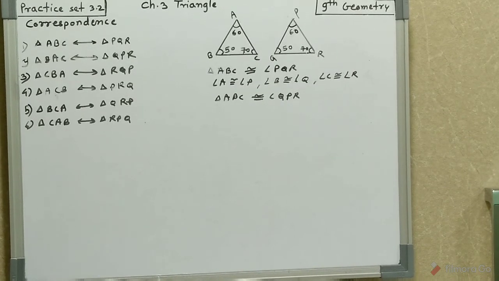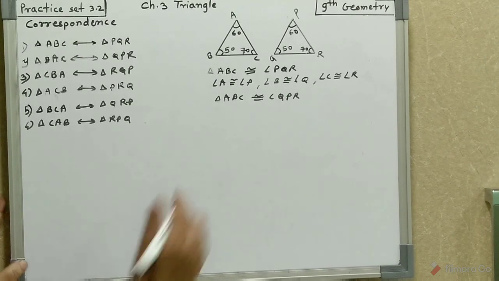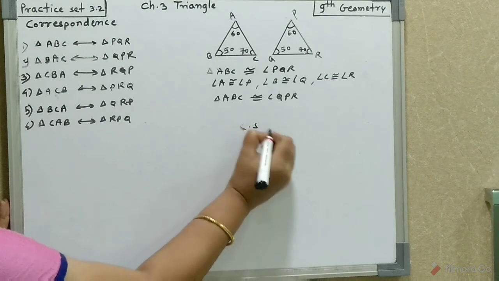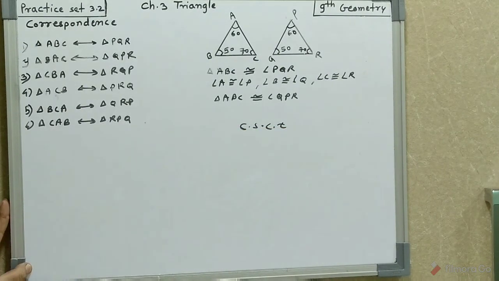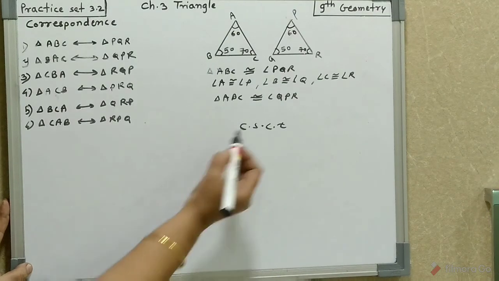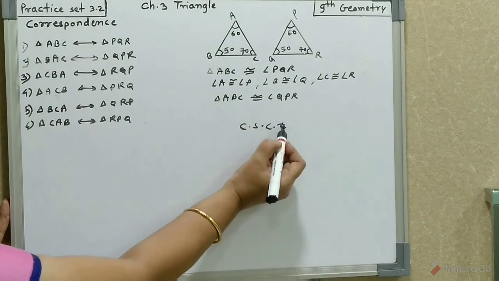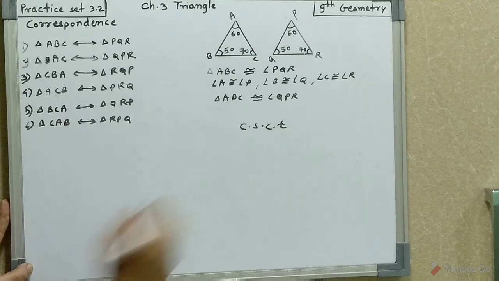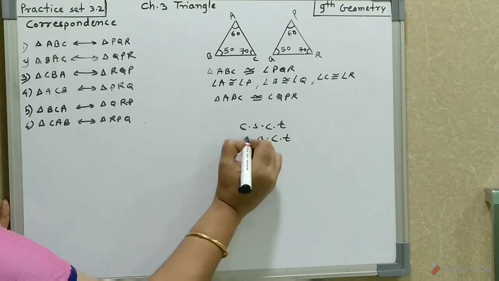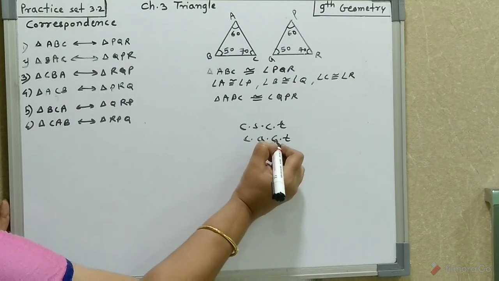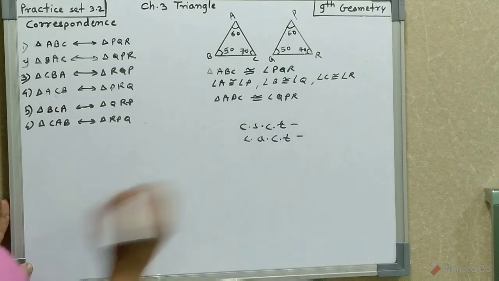Now remember one thing, corresponding sides of congruent triangles, in short we write as CSCT. So what is meant by CSCT? That is corresponding sides of congruent triangles. And corresponding angles of congruent triangles, in short we write CACT. Means corresponding angles of congruent triangles. Remember these 2 things.